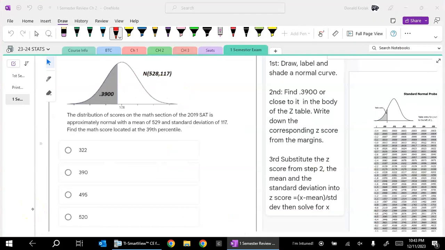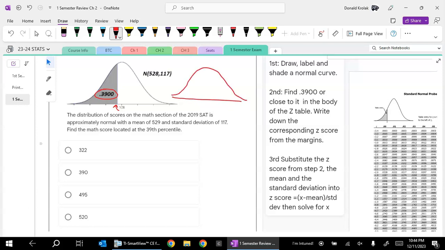Okay, now we're doing the reverse of what we did in the last two. Now we know the proportion and we want to figure out what's the value right there. Okay, so we're back to our SAT information here. So we always draw and label.